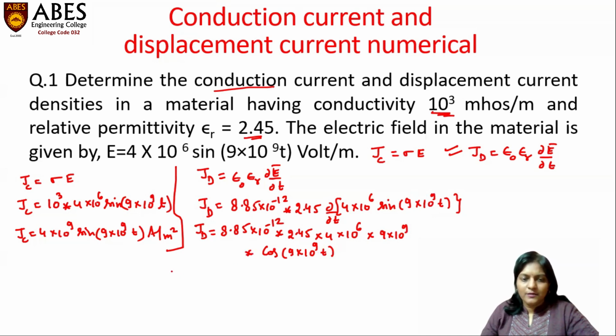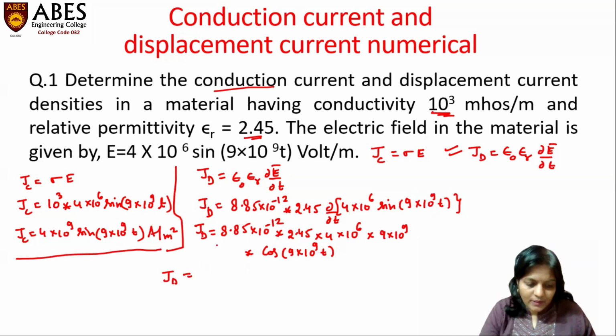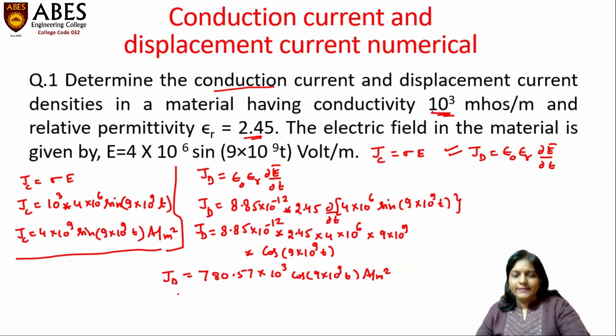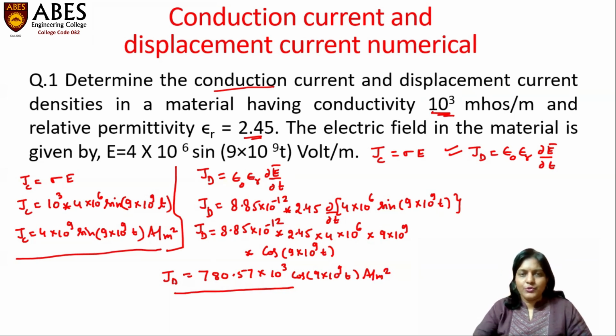So after calculation, this Jd will be 780.57 into 10 to the power 3 cos 9 into 10 to the power 9 into t ampere per meter square. This is the answer for Jd. In this way, we have solved this question.